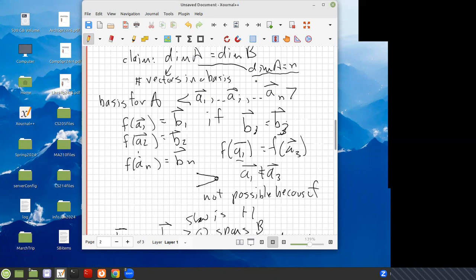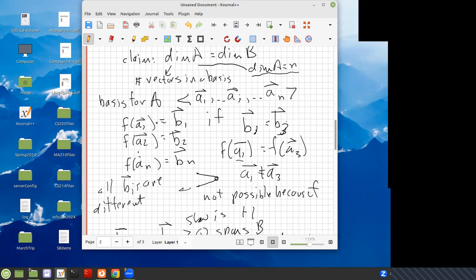But you said it's not possible because f is 1 to 1. Oh, yes. The point is that what's not possible is for two of the B's to be the same. All the B's are different. In other words, I have f of A1 is B1, f of A2 is B2, f of An is Bn.